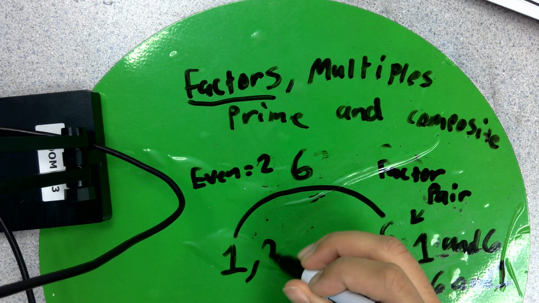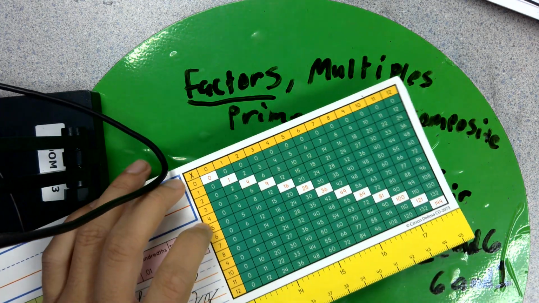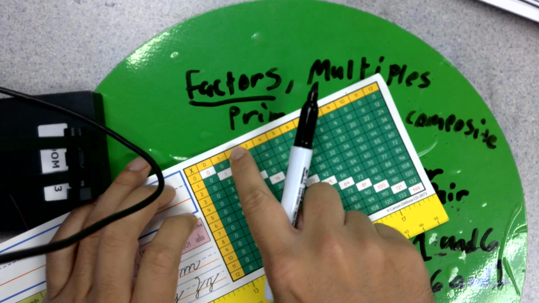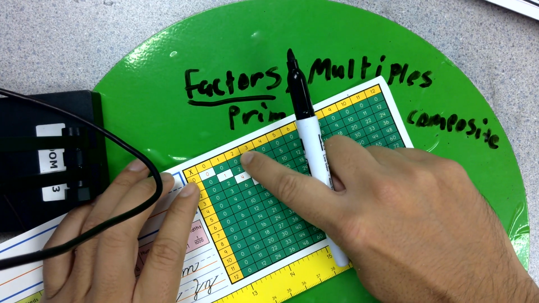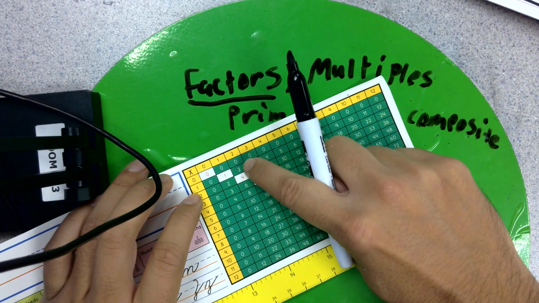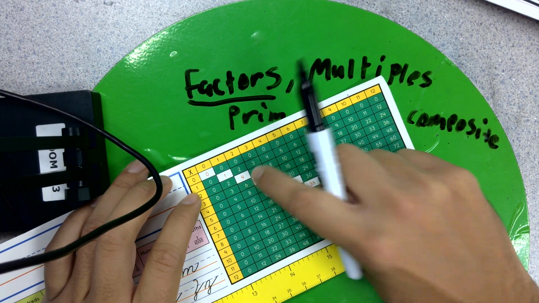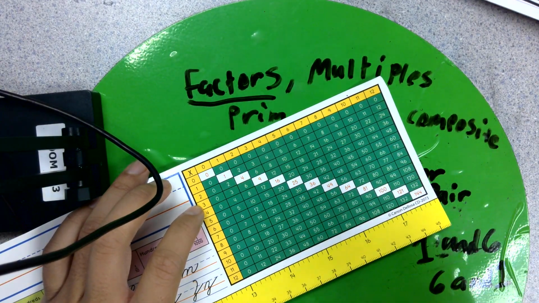So I'm going to take 2, and one tool that I like to use is my multiplication chart. So if I look for a 2 as a factor, there's 2, and I've got to see how many 2's it makes to get 6. Of course, 2 times 0 is 0. So if I go 2 times 1, 2 times 2, 2 times 3, it looks like our pair that will work together with 2 is 3.